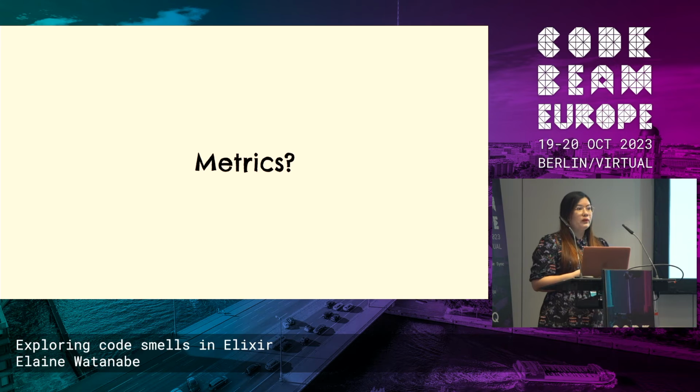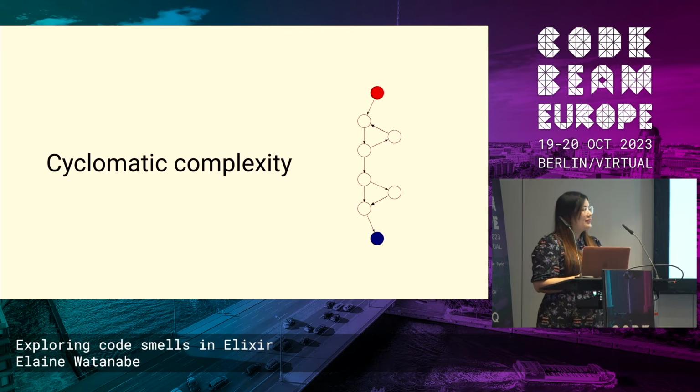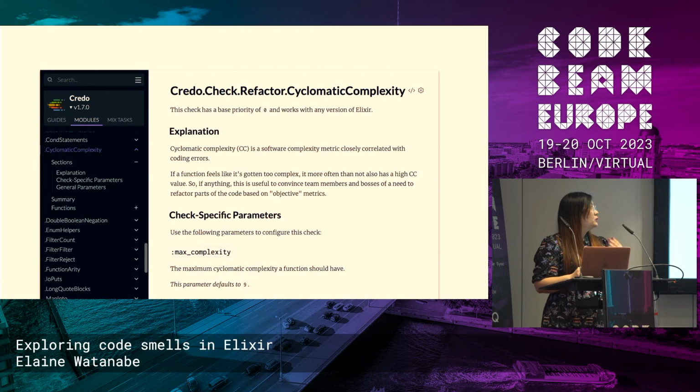Then other things that we can improve, like metrics. Cyclomatic complexity is an interesting one, a way of measuring complex code, but when I tested it, it was not working well with Credo. It was not identifying the multiple clauses, as I was showing, the version with if-else and the version with multiple clauses.